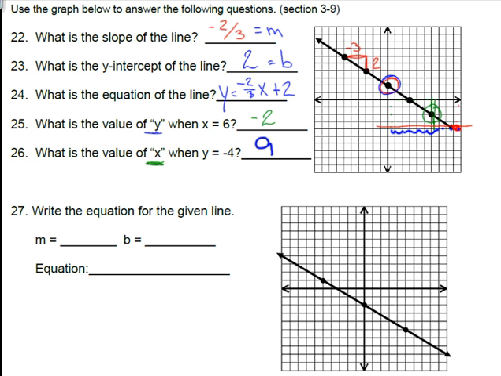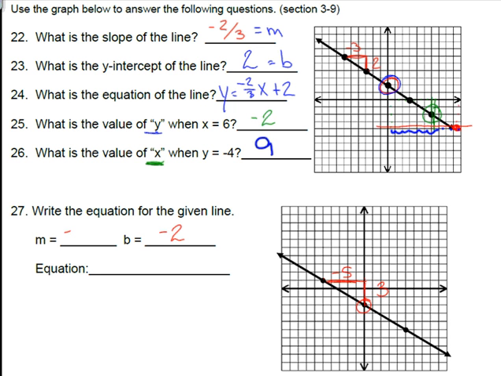The next one asks us to write the equation of the line. First thing I want to find, my y-intercept. So where it crosses the y-axis. In this case, it's negative 2. Next, we need to find our slope. So taking any 2 points on the line, find my rise and my run. Here, I'm going to rise 1, 2, 3 places. And I'm going to run to the left, 1, 2, 3, 4, 5.